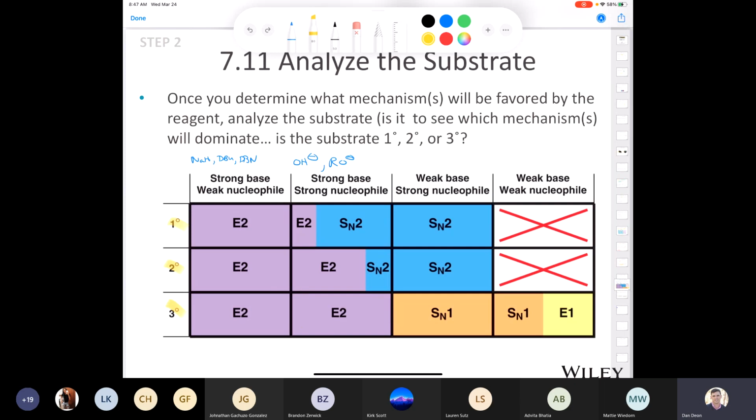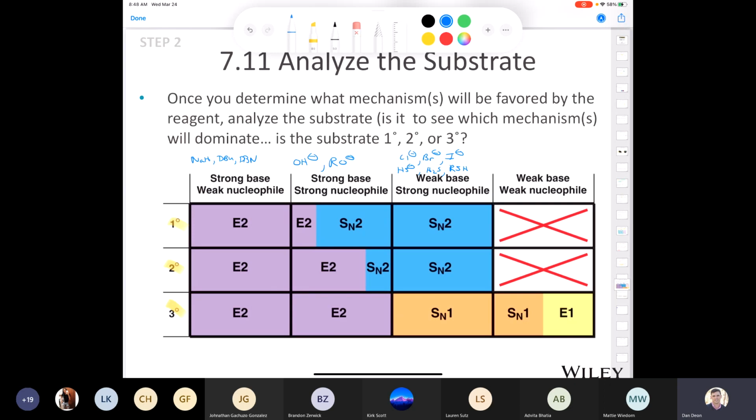If you have a weak base, strong nucleophile, these are things like chloride, bromide, and this isn't going to be an exhaustive list, right? The hydrosulfide, what else? H2S, a thiol, things like that. Those are not going to give you any elimination products because they're weak bases.